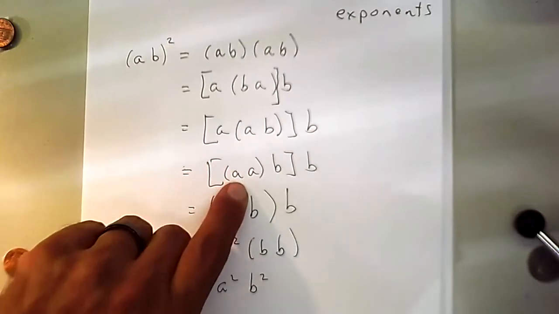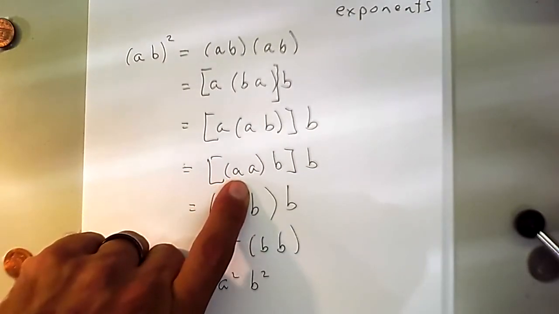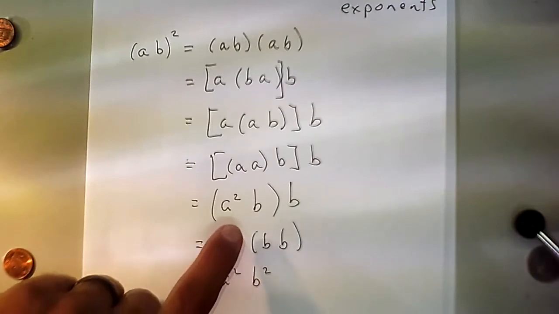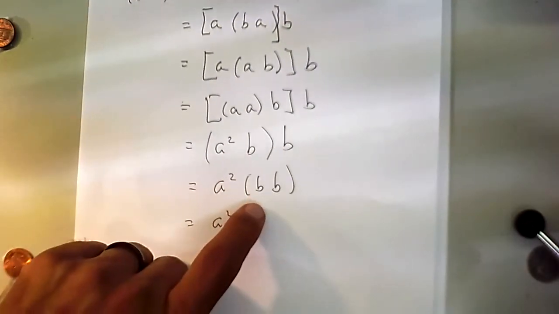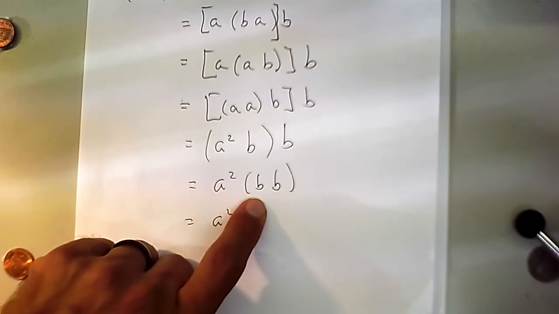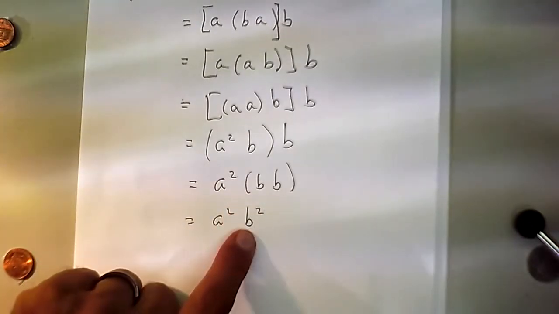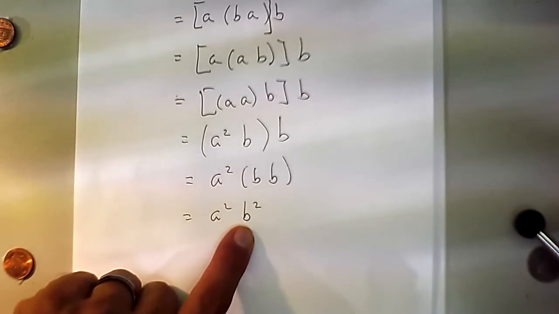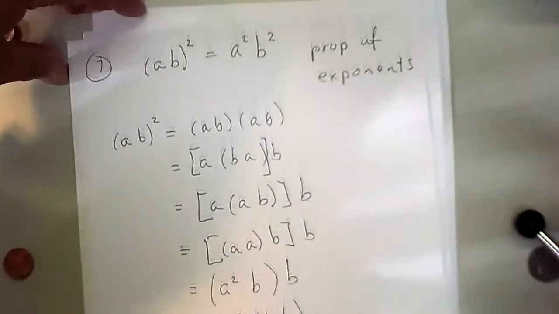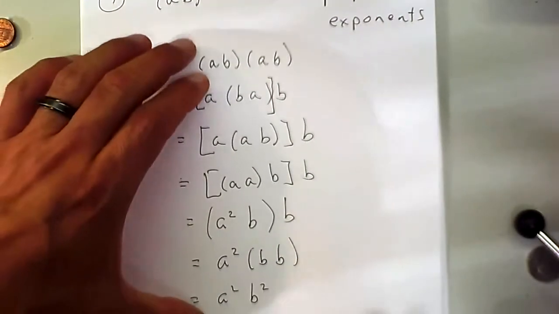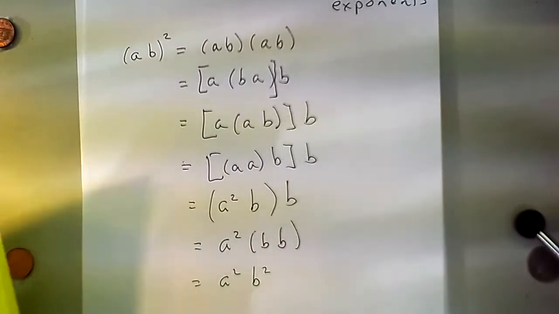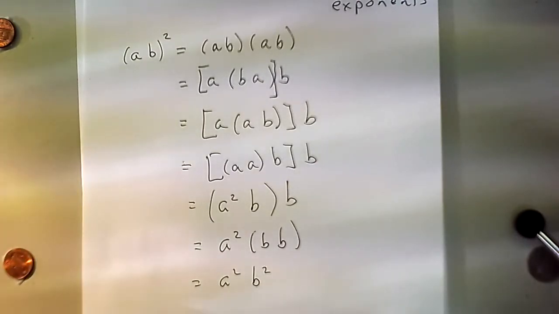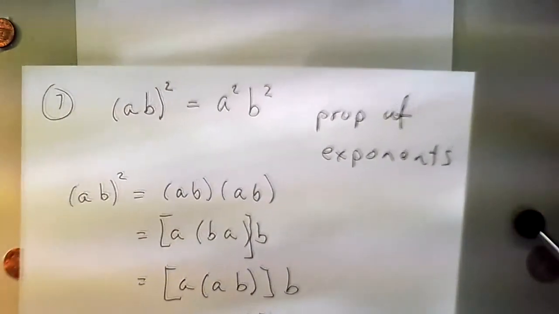Then we reassociate again using the associative property, the definition of exponents, the associative property again, and then the definition of exponents again. So just to go from here to here, there is a lot going on. I don't think this is trivial. We make it simple, but it is not really that simple.